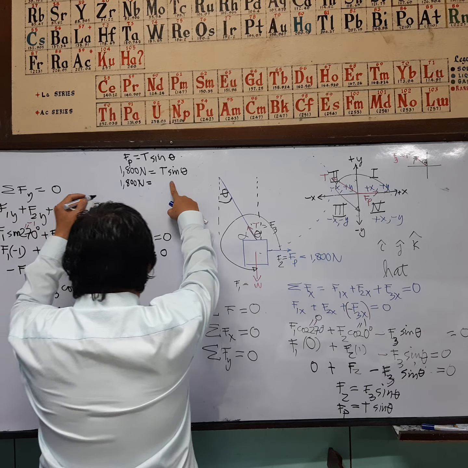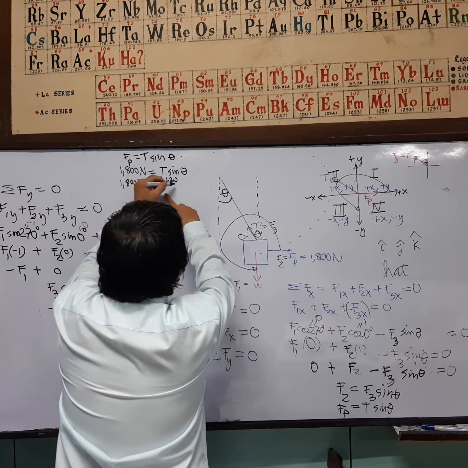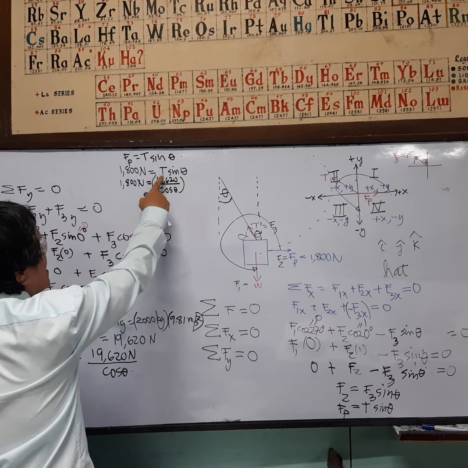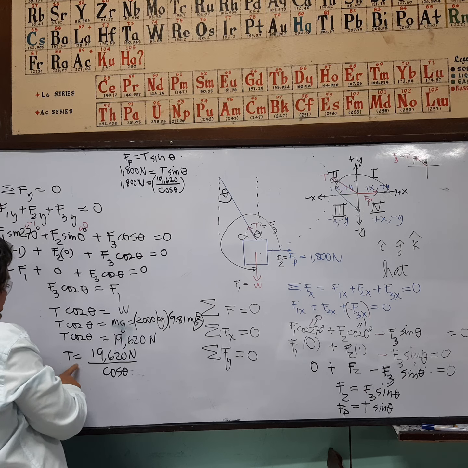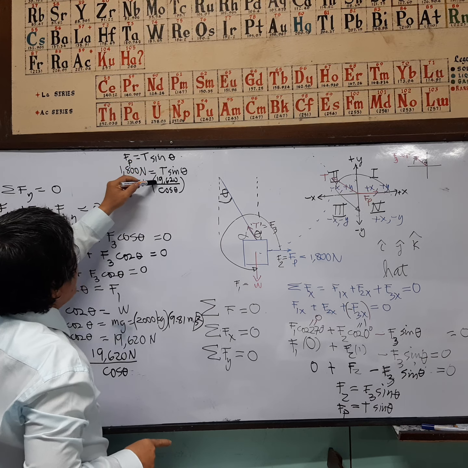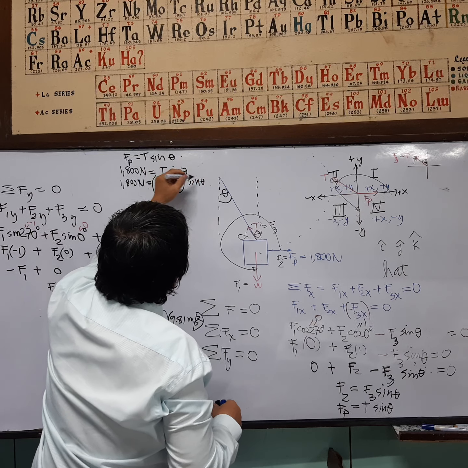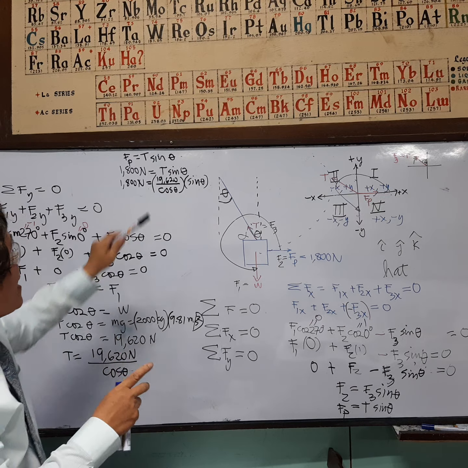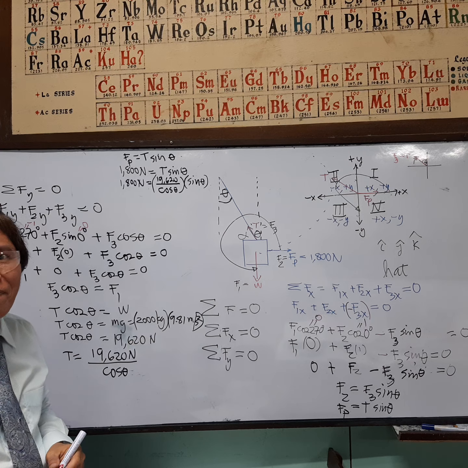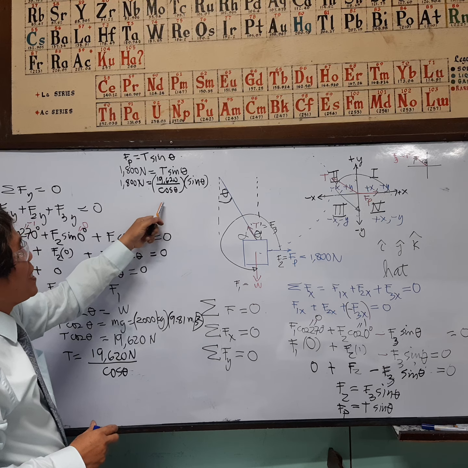The tension is 19,620 newtons over cosine theta, times sine theta. I hope you can just follow, okay?